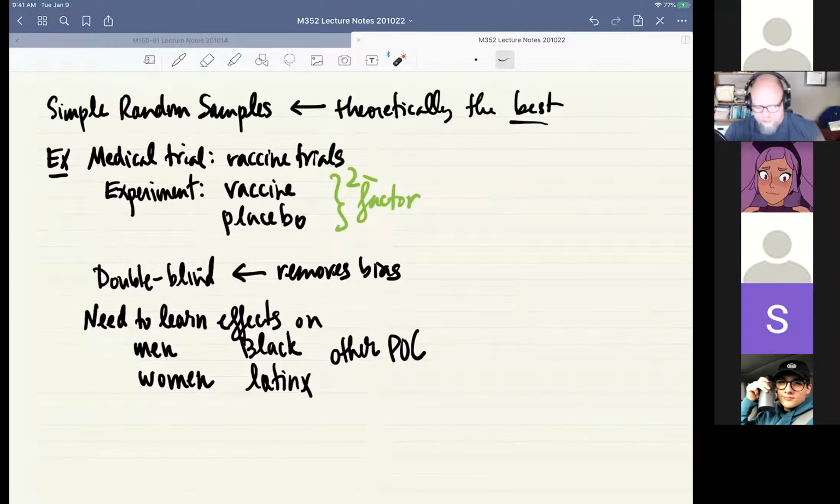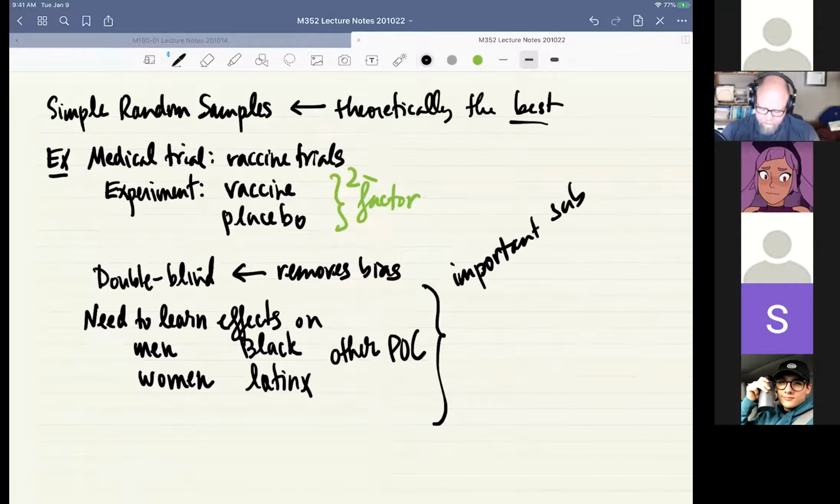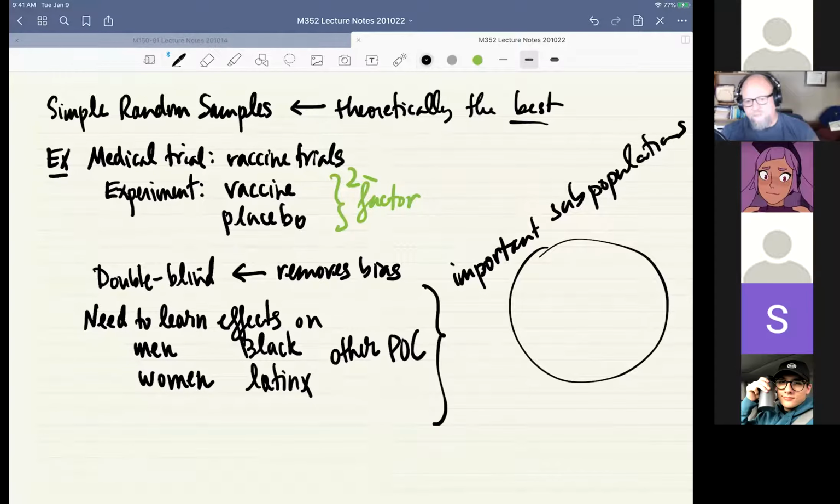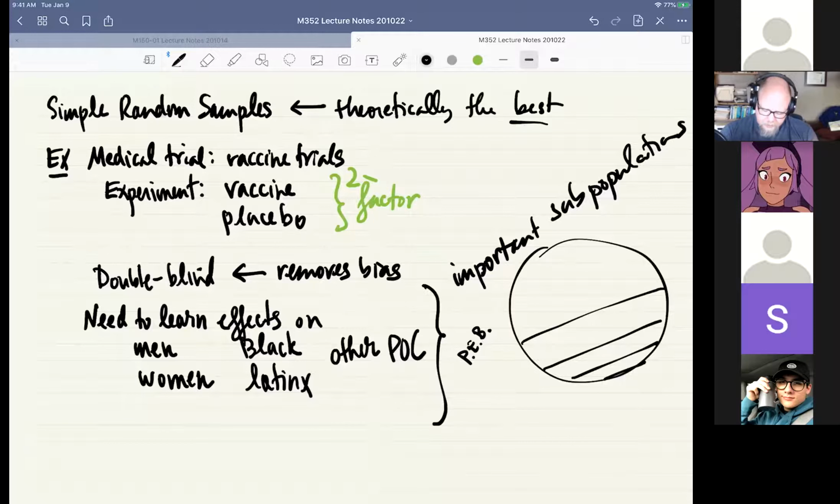You're still at the mercy of randomness. So what people do to make sure that they have those subpopulations represented in the experiment, I'm going to call these important subpopulations. So if the whole population is represented by the circle, then say there's some subpopulations here, and let's say my horizontal lines are like primary ethnic background, and let's put a line like this.